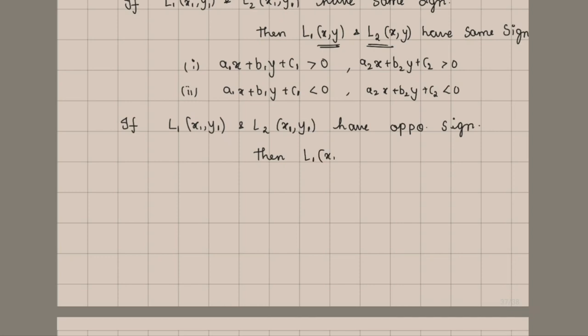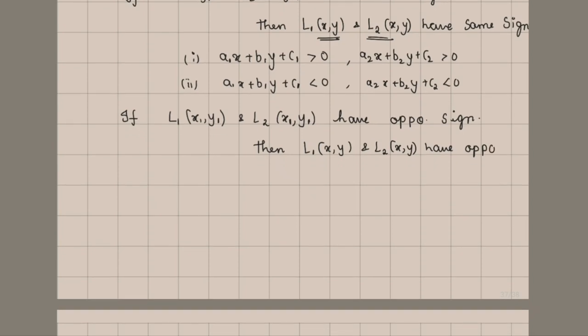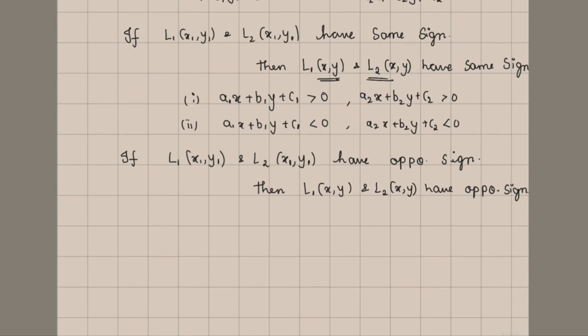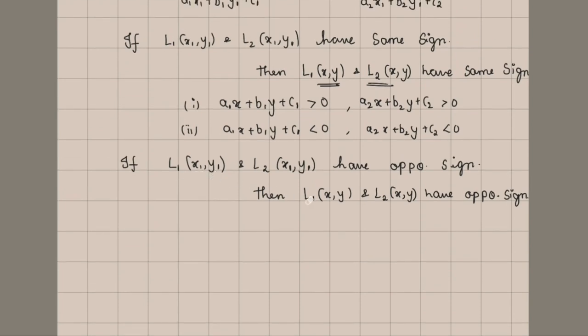Because as P and Q lie on the same side, L1 of x1 comma y1 and L1 of x comma y will have the same sign. Similarly, L2 of x1 comma y1 and L2 of x comma y will have the same sign, but these two have different signs, so these two will also have different signs.